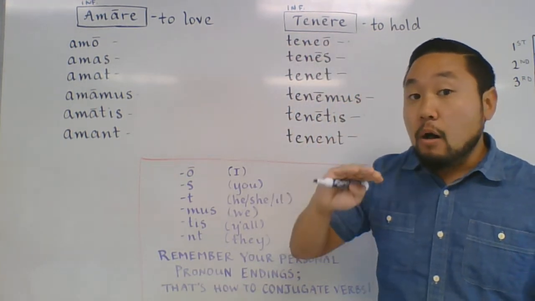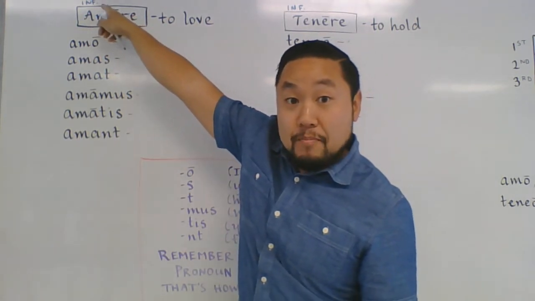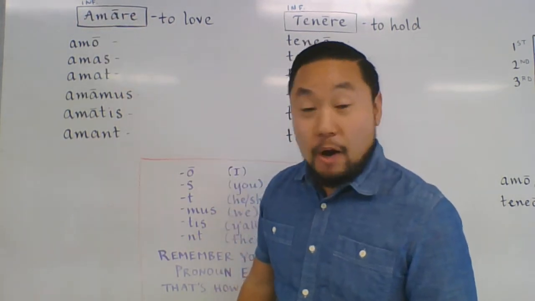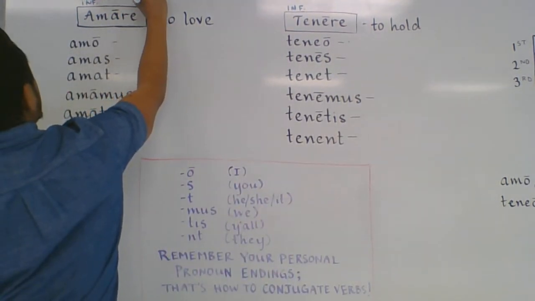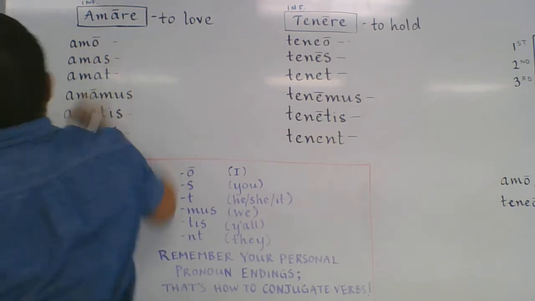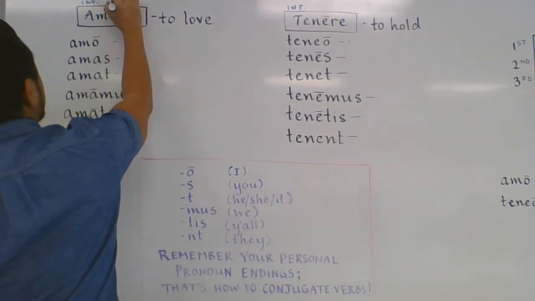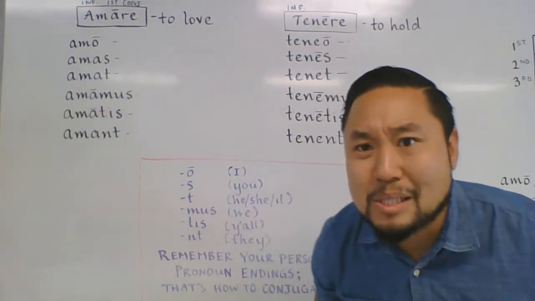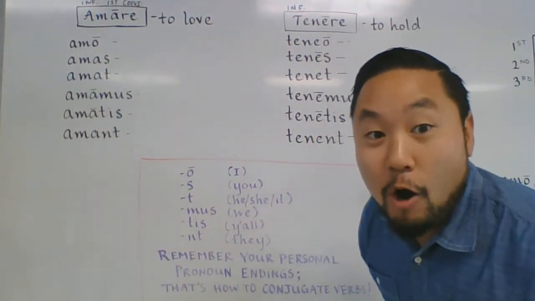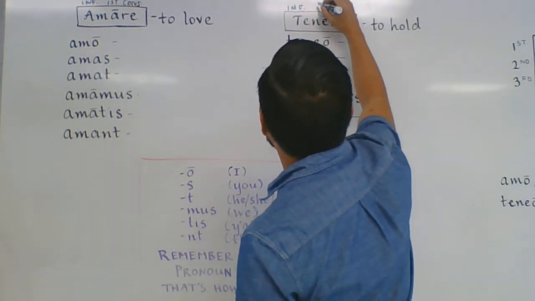Now, all verbs that end with are in the infinitive form are first conjugation verbs. Okay, that was not visible to you, so that's first conjugation. Hopefully that's kind of legible. All verbs that end with ere in the infinitive form, these are second conjugation.